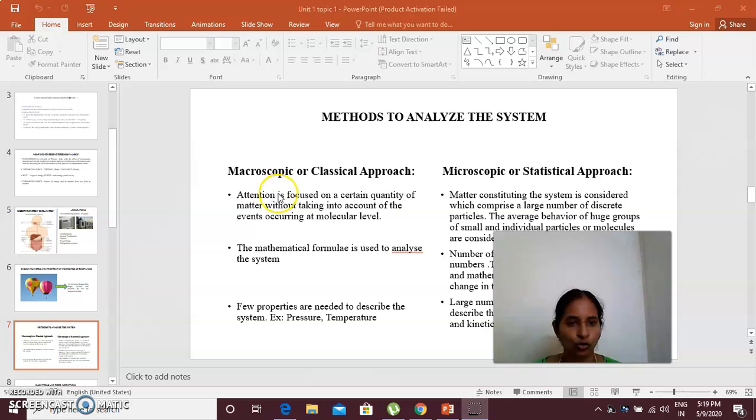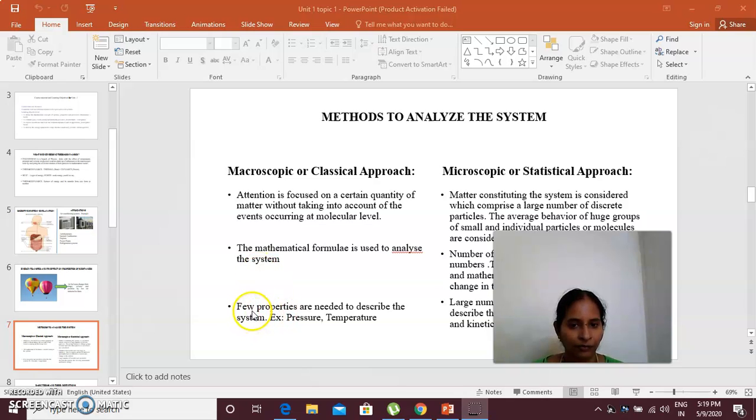But in the macroscopic or classical approach, attention is focused on a certain quantity of matter, not in terms of each and every particle, without taking into account events occurring at the molecular level. Here in the macroscopic approach, it is sufficient to have mathematical formulae to analyze.